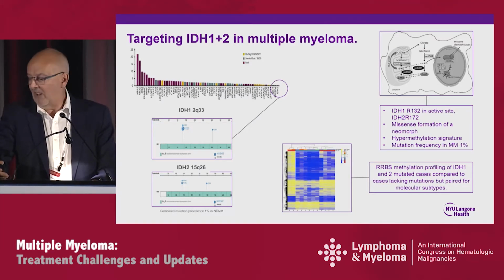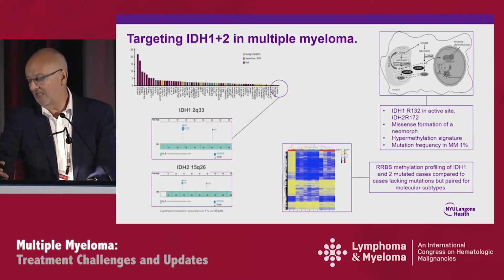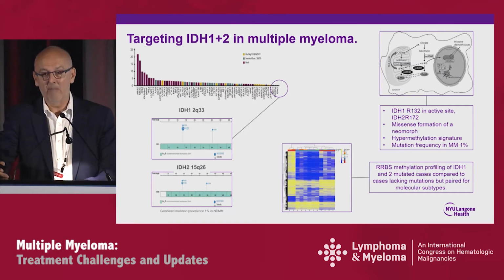There are other rare variants. I tried to illustrate where IDH1 and 2 mutations are, and you can see maybe 1 to 2% of the total recurrently. When you look at those cases, they have a specific methylation signature consistent with it being relevant to the pathology in those cases.